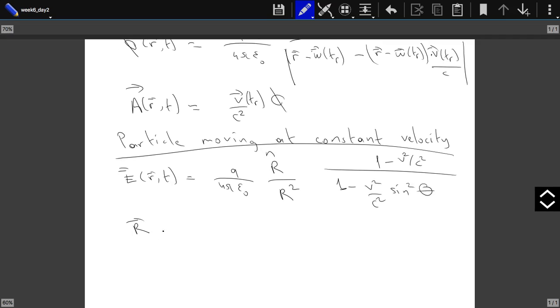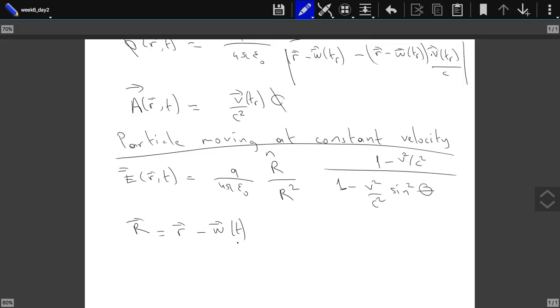And this vector r is the position at which we are observing the electric field, and omega is the function that is describing the trajectory, but evaluated not at the retarded time, at the time we are observing the electric field at the point r, so this t is the time at which we are observing it.